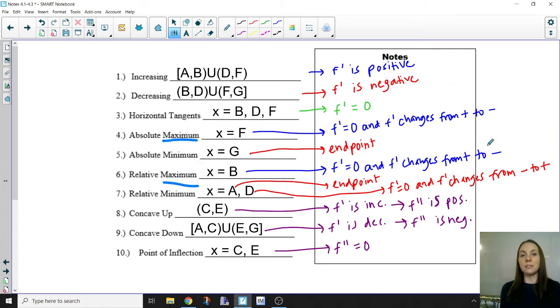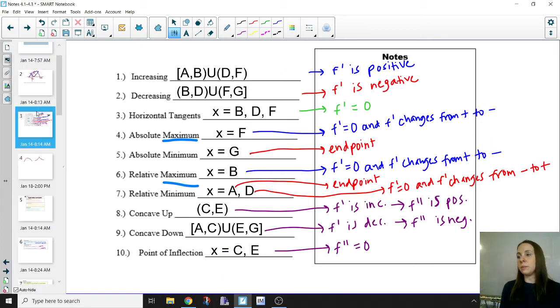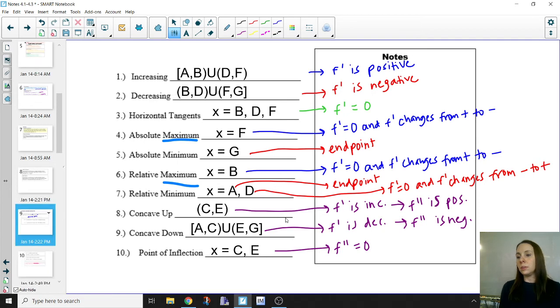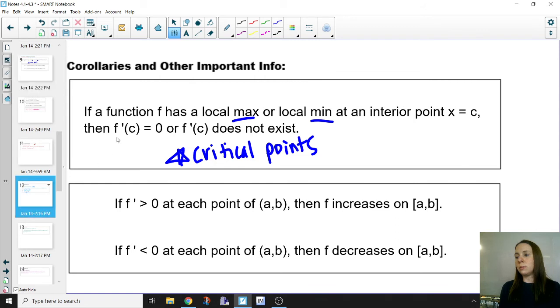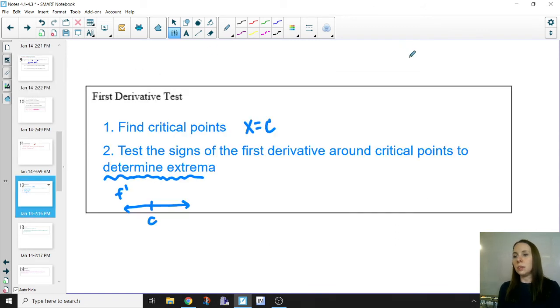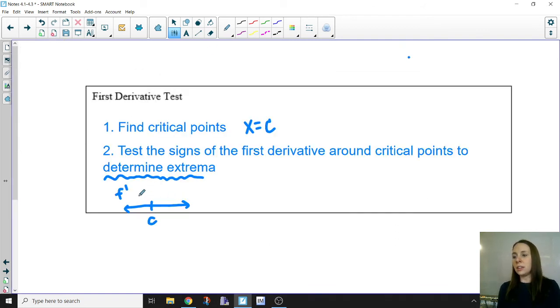Changing from positive to negative, the graph is increasing and then decreasing, so we have a maximum there. Right here I can say that the first derivative is going to be a positive sign on the left and then a negative sign on the right. And if that happens, I have a maximum.